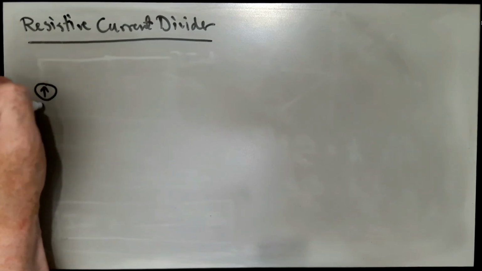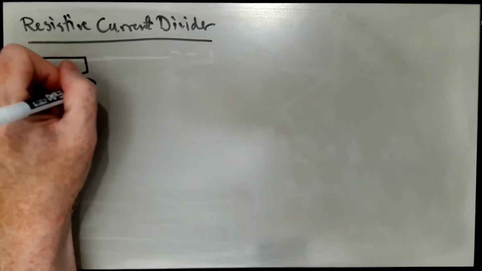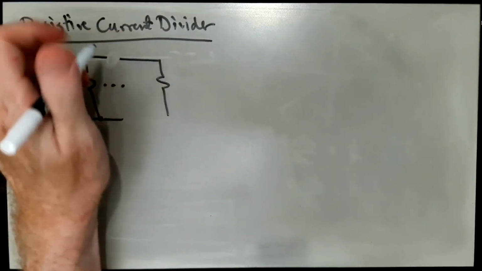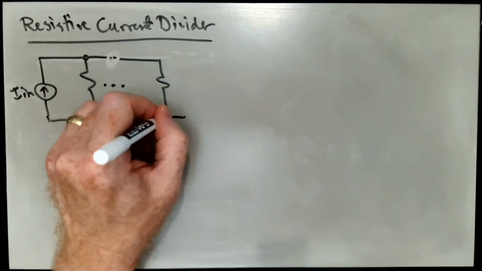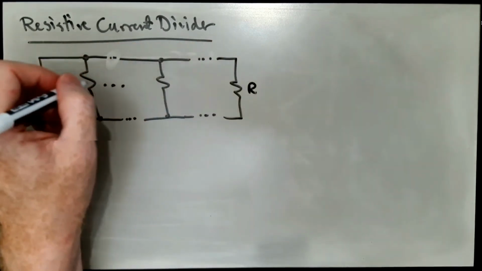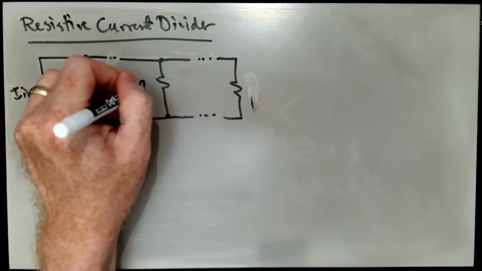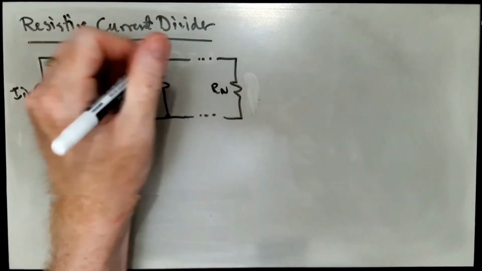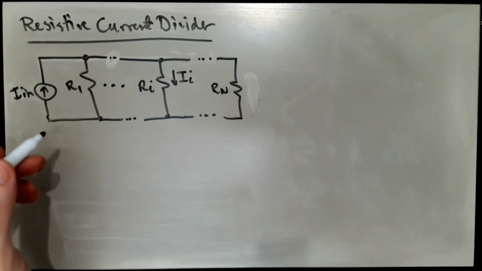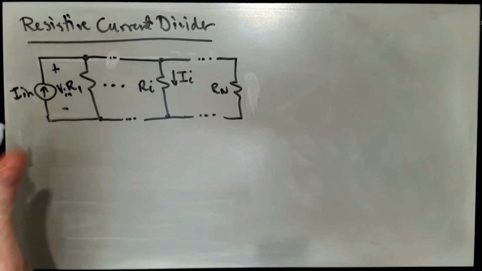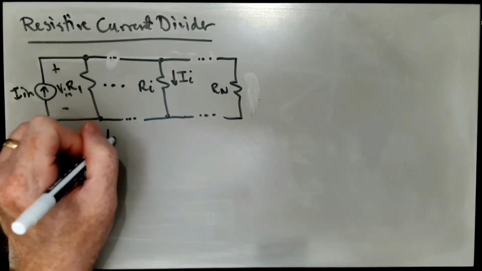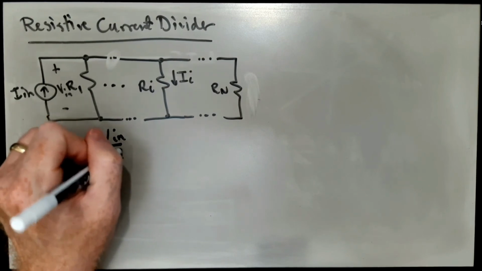Where we basically have some total current, I in, we want to have a current flowing through the ith resistor. Again, Vn appears across every single resistor, so I sub i is just Vn over R sub i.